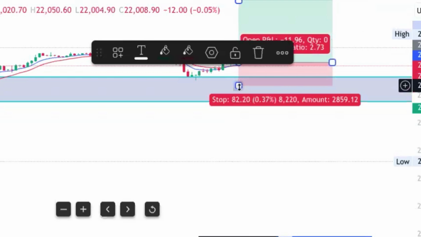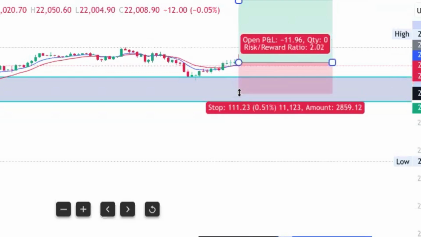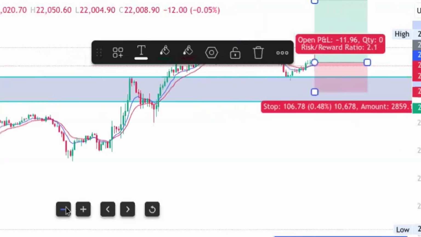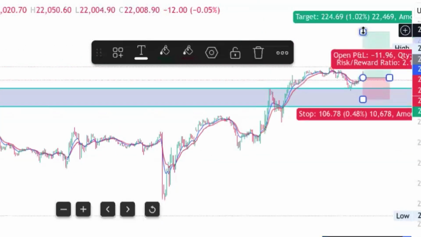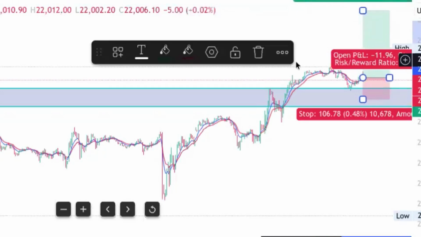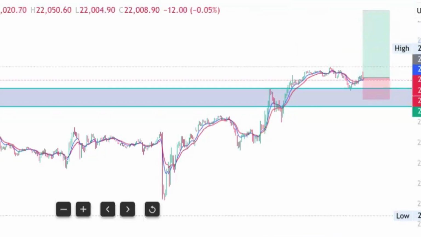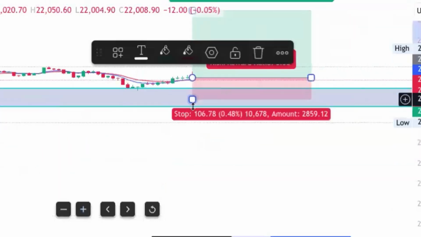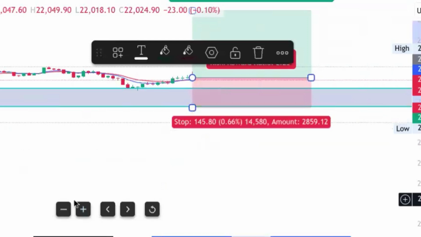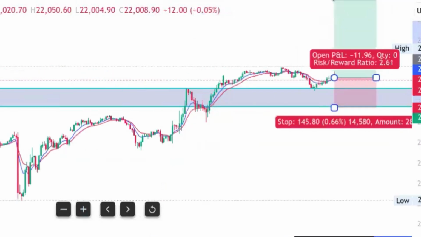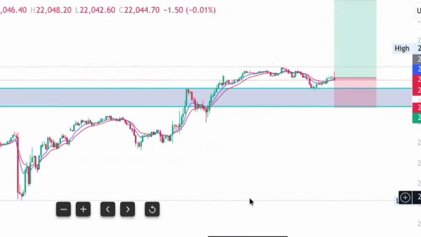My stop would be a little bit below this area here that has now become support. I'd be aiming for 1 to 3 because that's generally my rule. So I'd put my stop to give my trade a little bit more breathing space and get the 1 to 3 locked in.